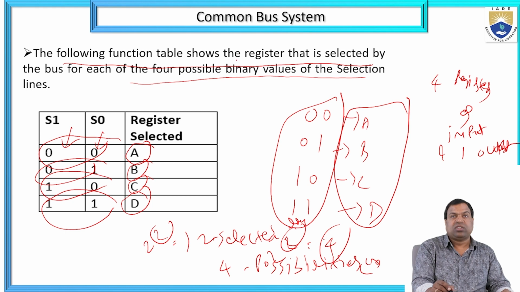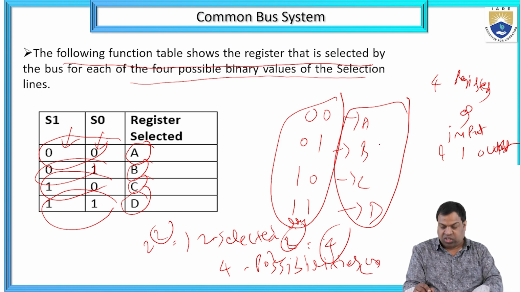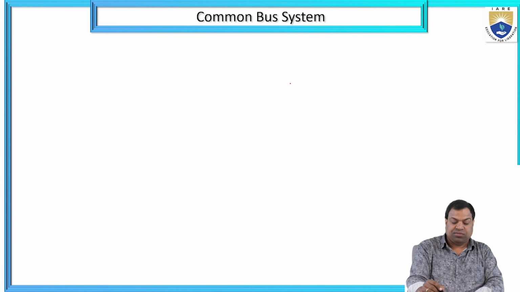So in the table below, the register that is selected by the bus for each of the 4 possibilities of binary values of the selection lines S0, S1: 00, 01, 10, 11, and register A, B, C, D. 00 means register A, 01 means register B, 10 means register C, 11 means register D will be selected.